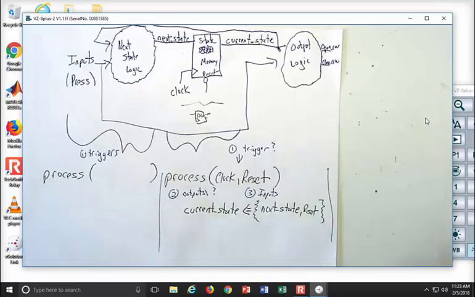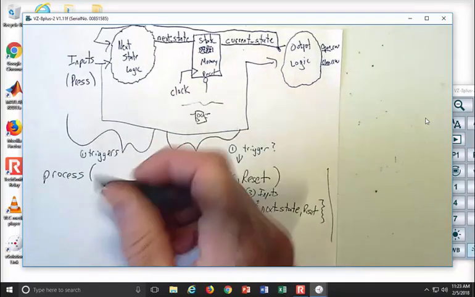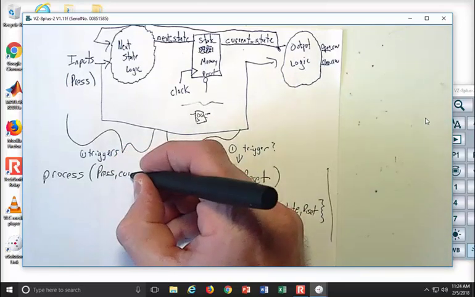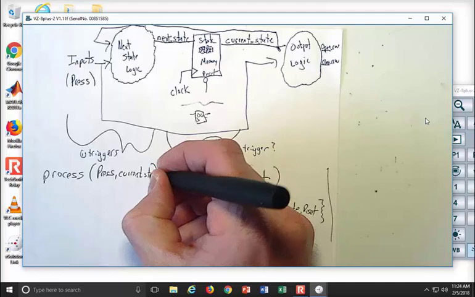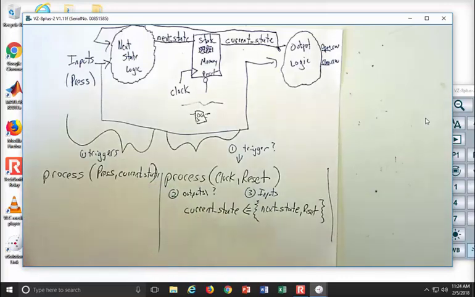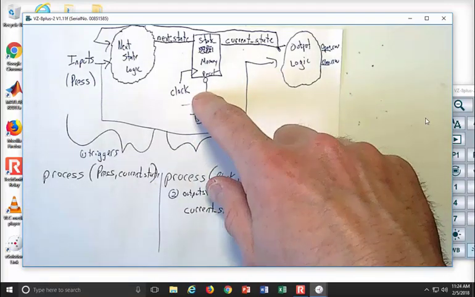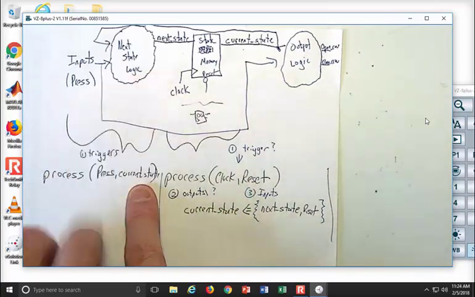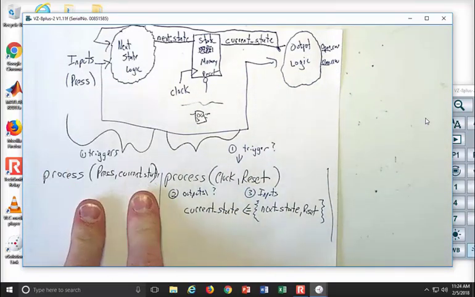What are the inputs that come into this next state logic? It's going to be press, absolutely, and it's going to be current state. Those are all the inputs that I will base my triggering off of. Clock and reset? No way. They're not getting in here. Those are used for sequential logic. We are building a combinational logic circuit using its own process.